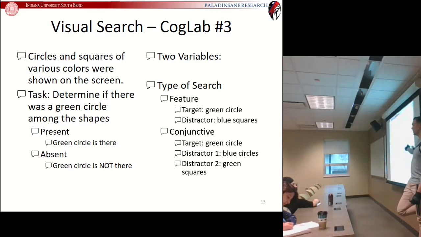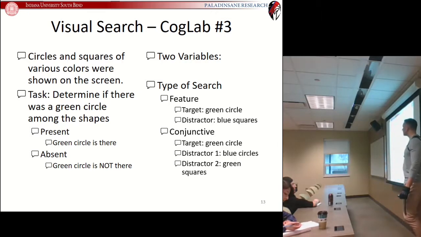Because it's a circle amongst a whole bunch of squares. Or, if you can't see shapes, you only have to look for the green thing amongst a series of blue things. So in a feature search, processing 1 feature for each of those shapes on the screen is going to be enough for you to locate the target.